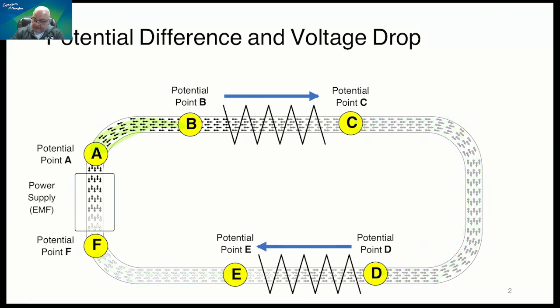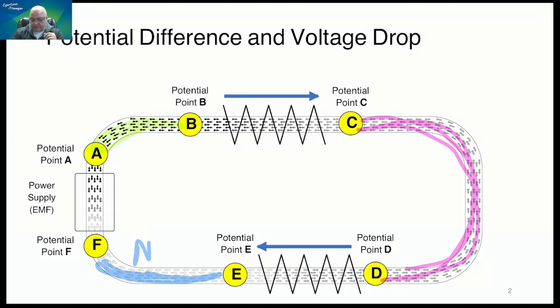More practically, I should probably use different colors. So the first one is highlighted green, the second one is highlighted magenta, and let's highlight the third one with blue. So these three highlighted areas of the circuit, each one is called a node.